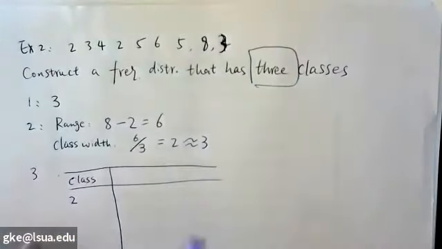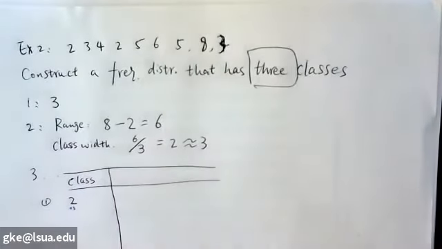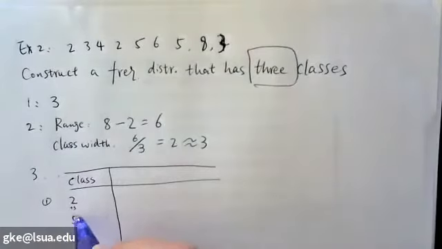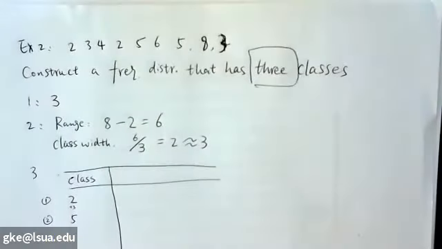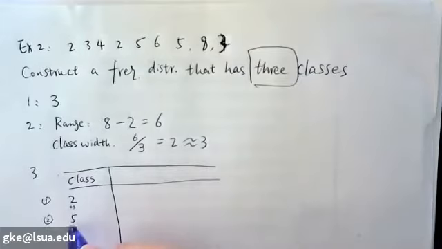And so we constructed the lower class limit for the first class. For the second class, we add the class width, right? That's the structure we learned. And for the third one, plus 3. We'll get 8, right? 2, 5, 8.